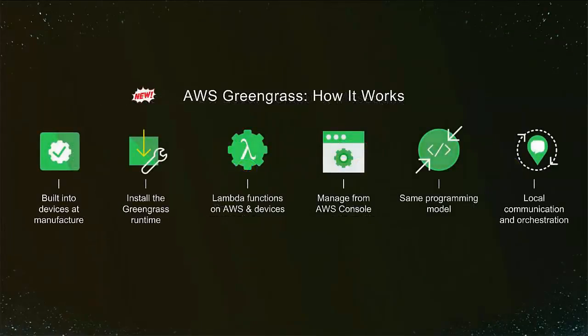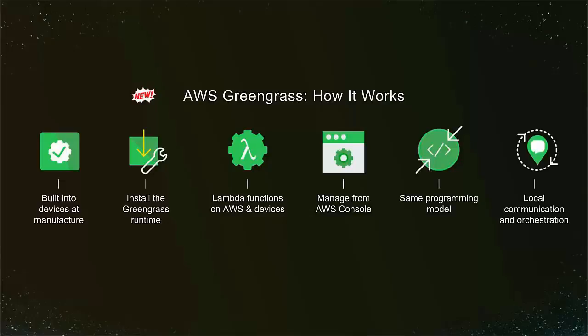It uses the same programming model, the same deployment model that you would use for AWS IoT, but it's going to be built into devices at manufacture. The Greengrass runtime will be installed onto gateway devices that you might choose to own and operate as a component of an overall IoT solution that you're looking to build.